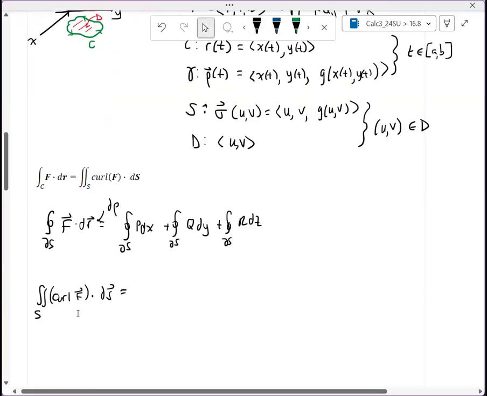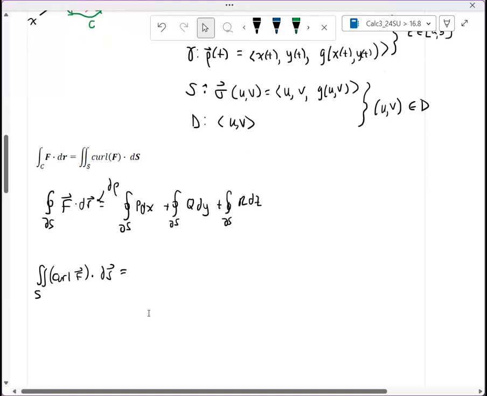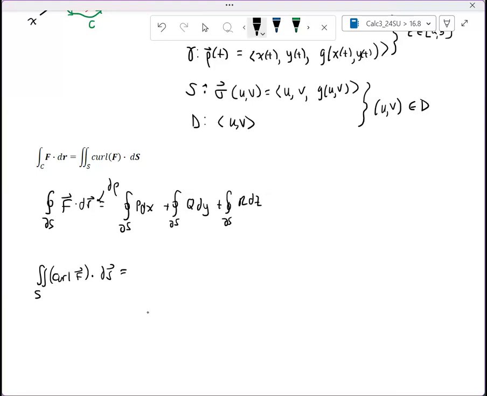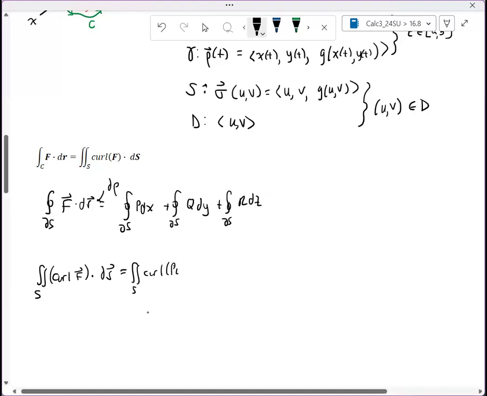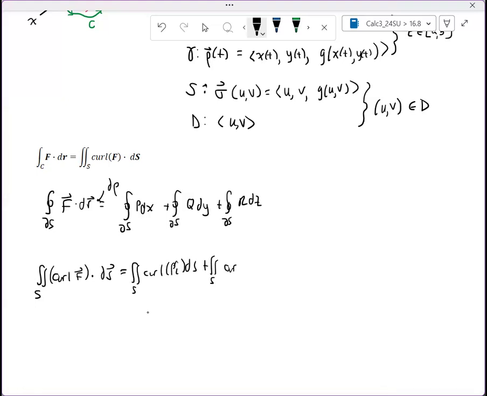And the curl of the sum is the sum of the curls. That's a nice property of curl. And we see that this is the surface integral of curl P i hat dot dS plus the surface integral of curl Q j hat dot d vector S plus the surface integral of curl R k hat dot dS.